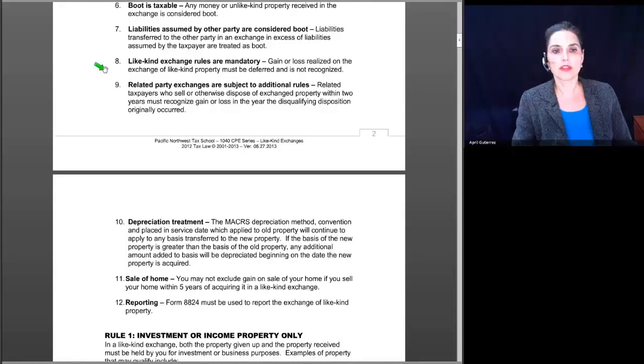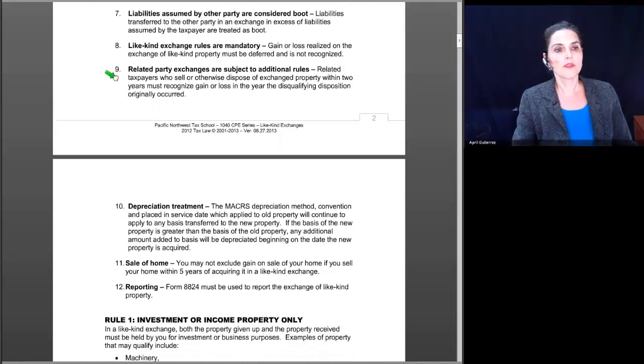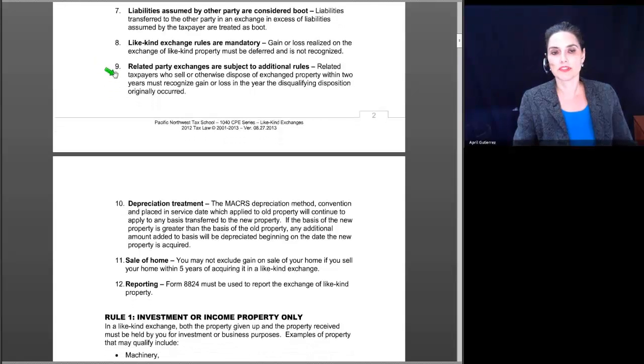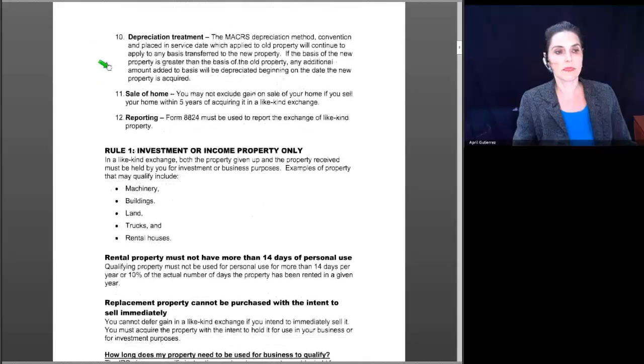Gain or loss realized on the exchange of like-kind property must be deferred and is not recognized. Rule 8, related party exchanges are subject to additional rules. Related taxpayers who sell or otherwise dispose of exchanged property within 2 years must recognize gain or loss in the year the disqualifying disposition originally occurred.